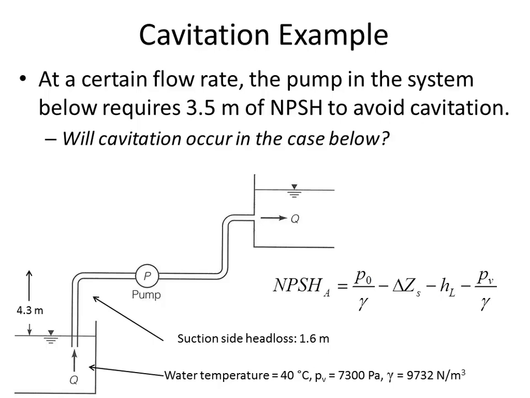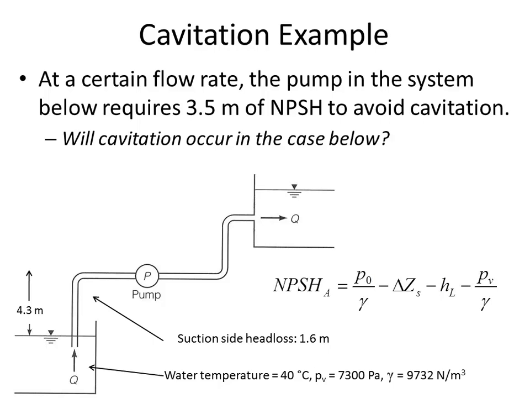This next thing, head losses. What's going to promote risk of cavitation is a really long suction side hose, because remember that for friction losses, H sub F is f L V squared divided by D 2g. And so what promotes a risk of cavitation would be a rough pipe and/or a long pipe, high velocity, small diameter.